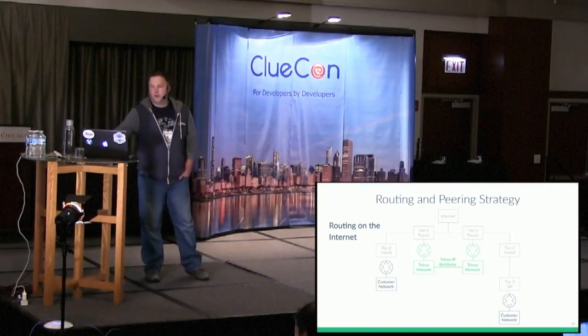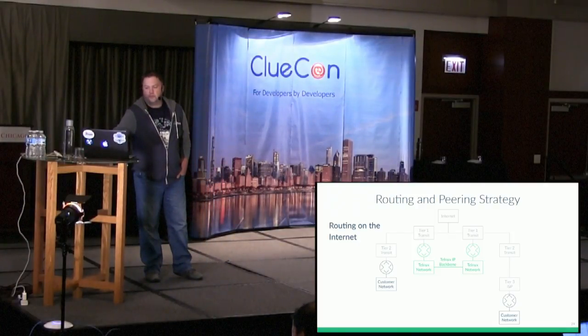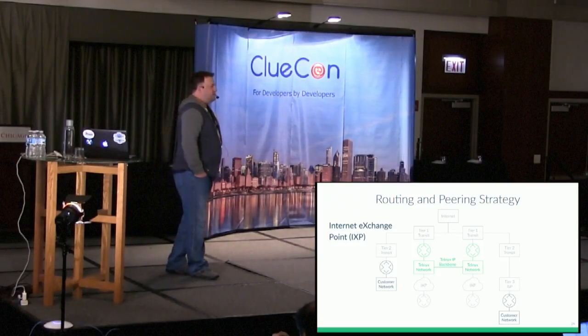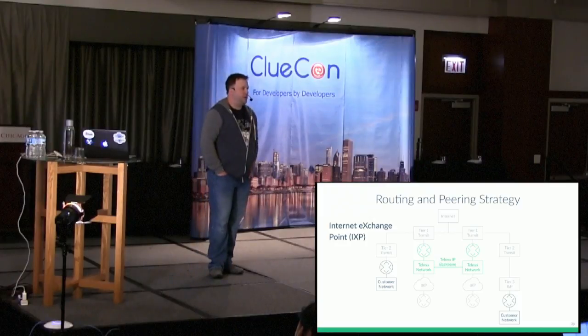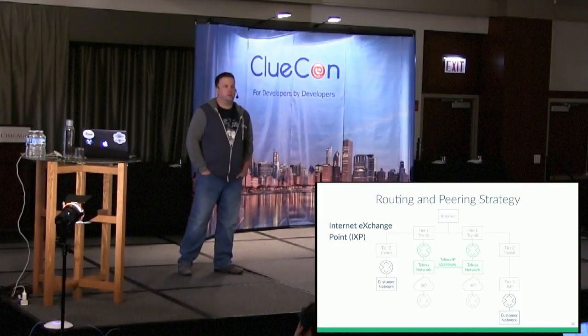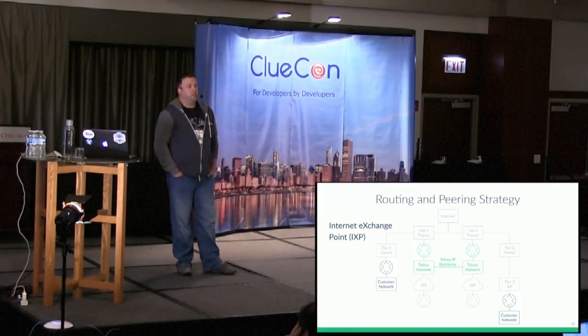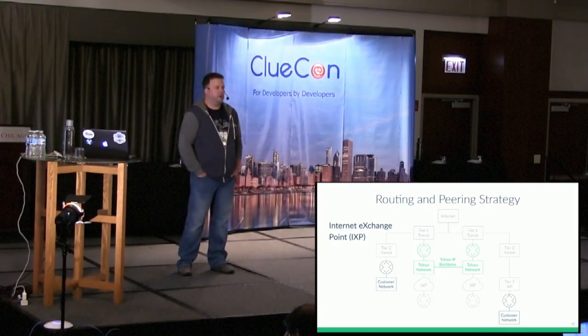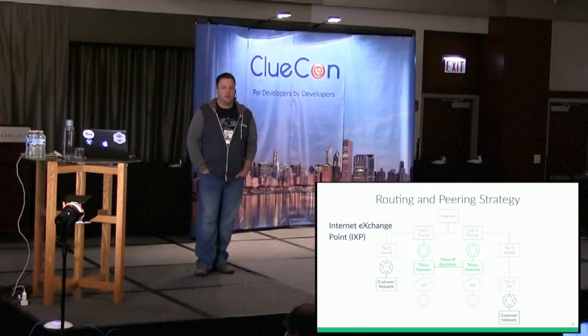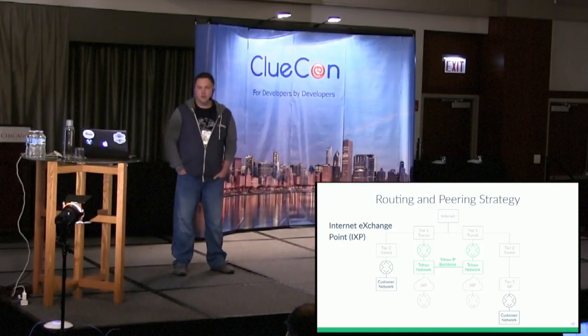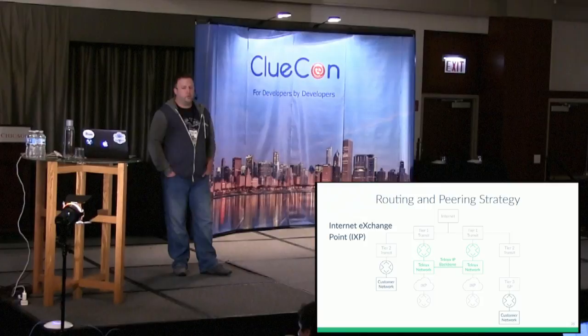Other routing and peering strategies that we have at our disposal, we talked about IXs earlier, so internet exchange points. Essentially these are switching fabrics located typically within the building or the data center ecosystem of the metros that we're located in. There are many IXs, and we're positioned on a few within the metros that we're located in.